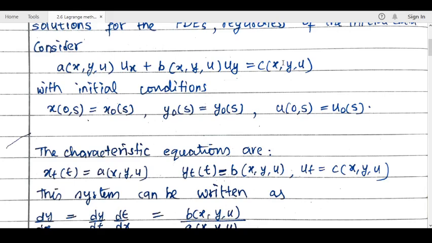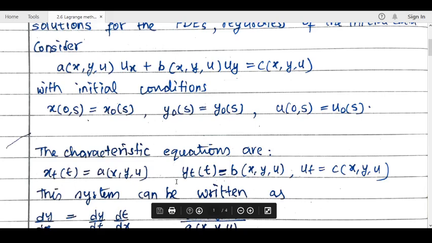And the initial conditions are x(0,s) equal to x0(s), y(0,s) equal to y0(s). Sorry, here there is a mistake. It is y(0,s). Okay, y(0,s) is equal to y0(s), u(0,s) is equal to u0(s). And the corresponding characteristic equations are x_t equal to a, y_t equal to b, u_t equal to c.